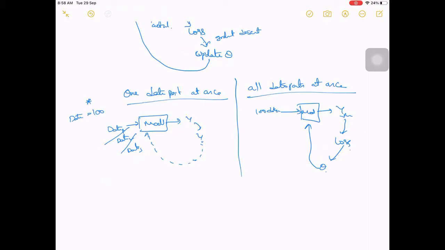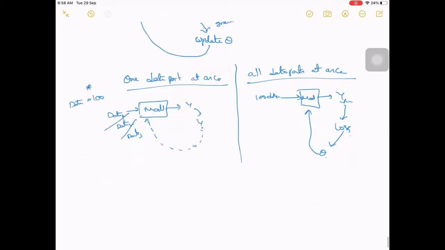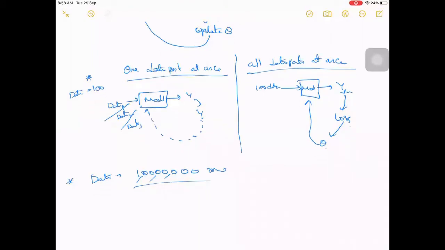But in practical scenarios, we will have data with some lakhs of rows. Here I wrote 1 crore, but I have seen more than that as well. In such a scenario, what will happen? Let's see both.